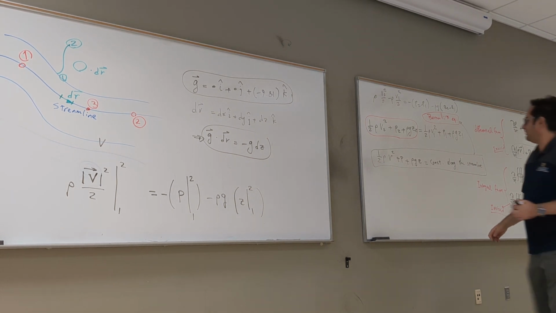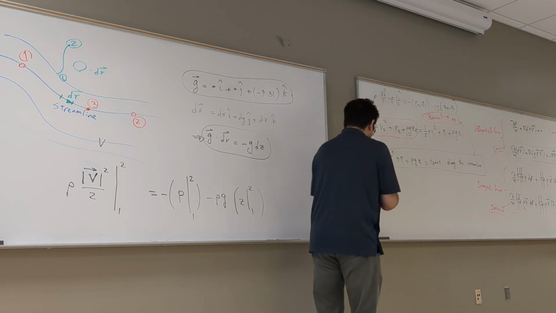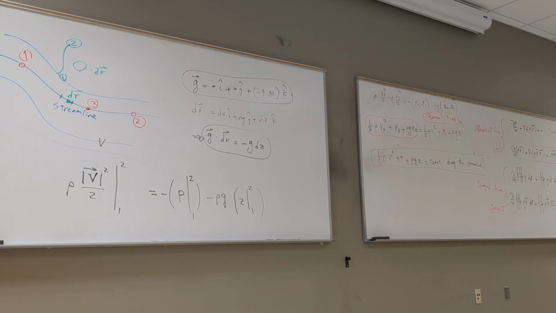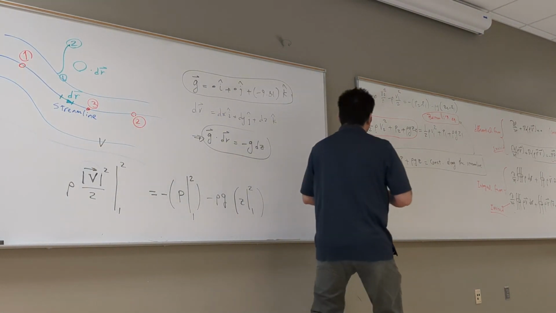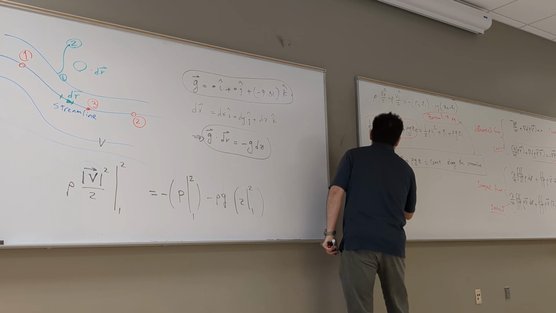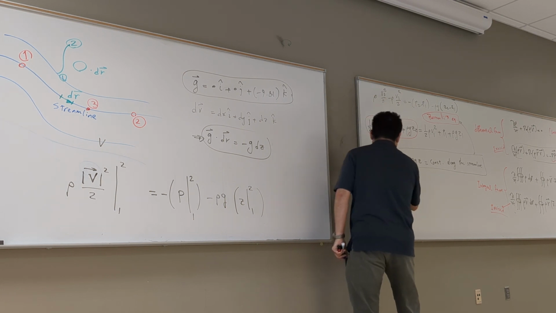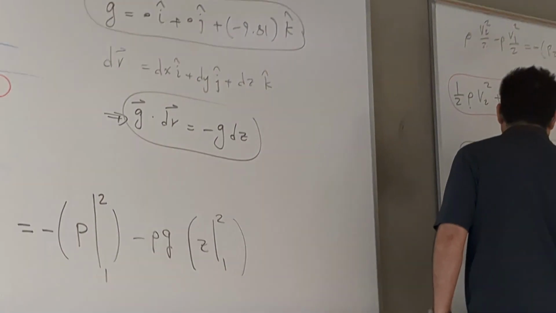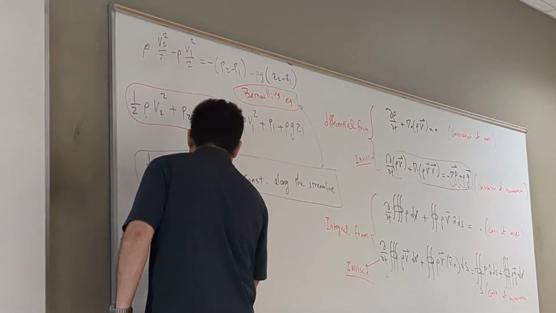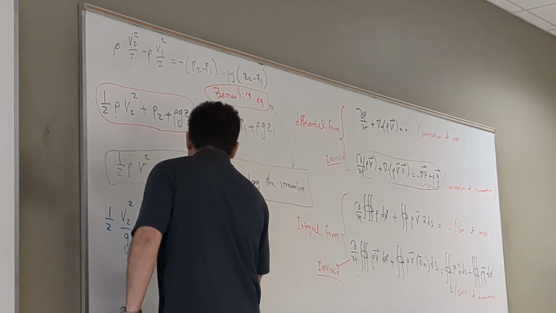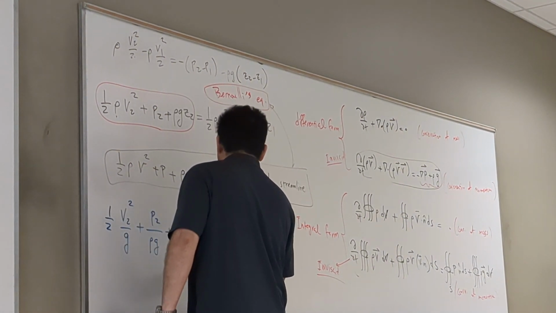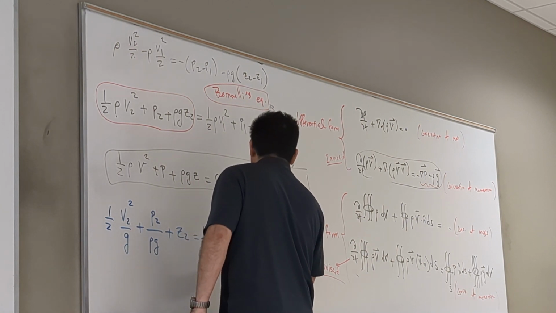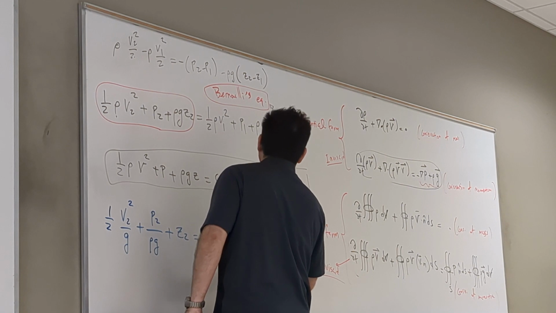So, now divide this by rho g. If you divide that by rho g, you get 1/2 of V2 squared divided by g plus P2 divided by rho g plus Z2 is equal to 1/2 V1 squared over g plus P1 over rho g plus Z1.